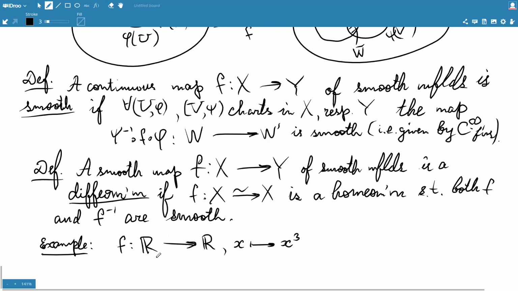Of course, R has the only chart, just smooth chart, coinciding with the whole R. So in this chart, we have coordinate x, and this map is clearly smooth.